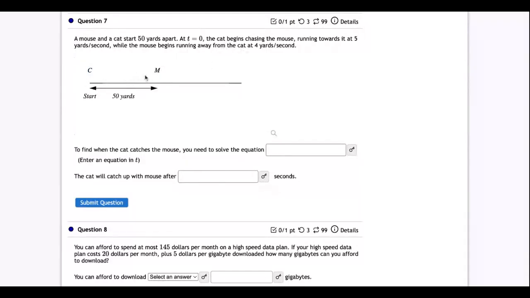The cat begins chasing the mouse, running towards it at 5 yards per second. That's the cat's speed. While the mouse begins running away from the cat at 4 yards per second. Okay, so the cat is faster than the mouse. The mouse's speed is 4, the cat's is 5.